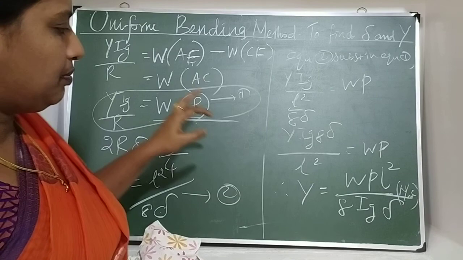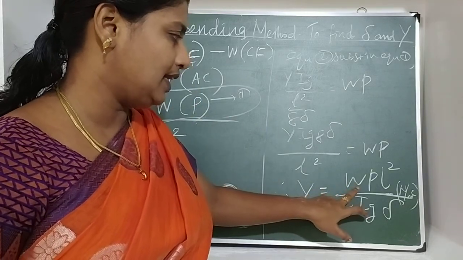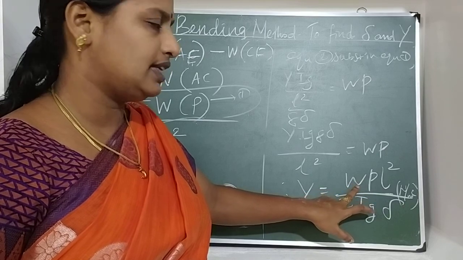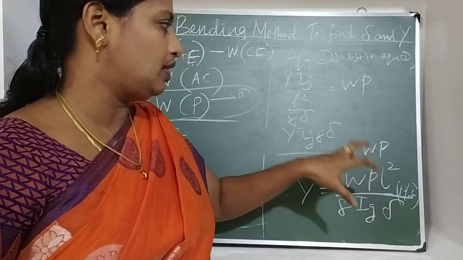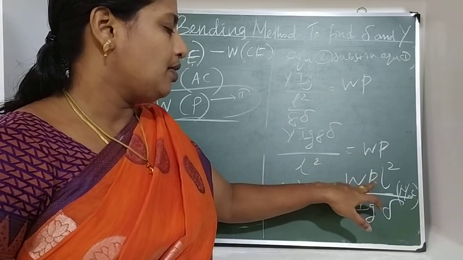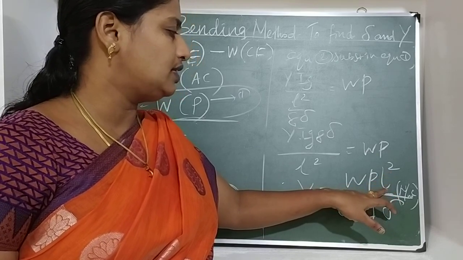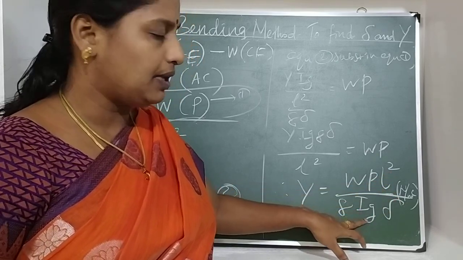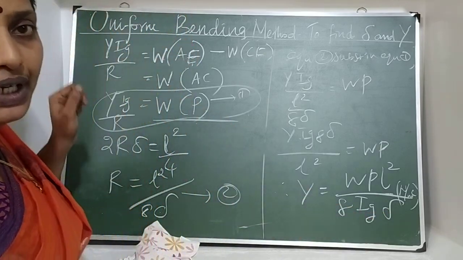In the uniform bending method, to find the Young modulus of the given beam, we apply the load W, meaning mass into acceleration due to gravity. P is the pressure applied, the total load applied. L is the length, the distance between the two knife edges. Ig is the geometric moment of inertia, delta is the elevation of the midpoint.